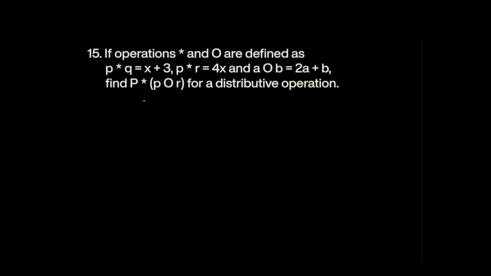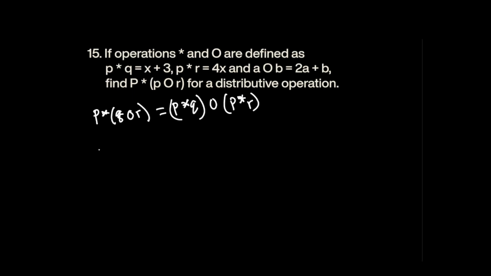So for distributive, you first of all recall that we have P operation Q operation O is equal to P operation Q, then operation P operation R. Is that taken now?